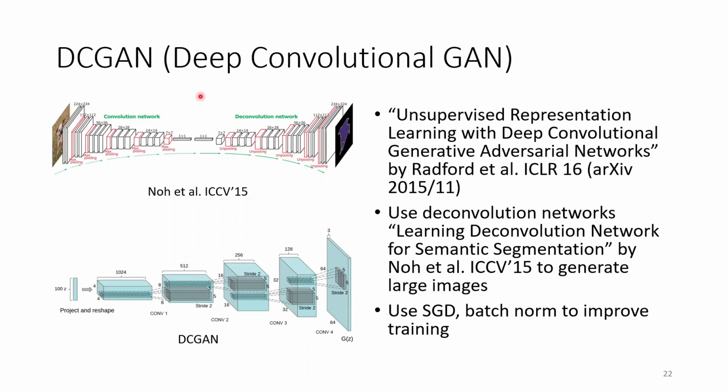The paper is named Unsupervised Representation Learning with Deep Convolutional Generative Adversarial Networks. This one is Learning Deconvolution Network for Semantic Segmentation.